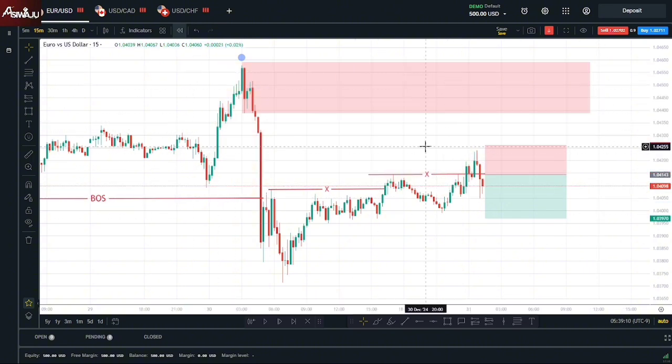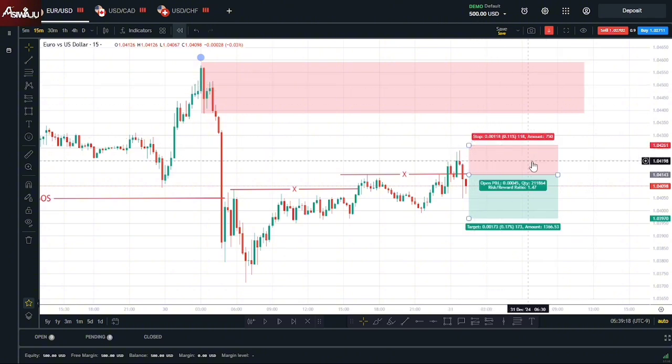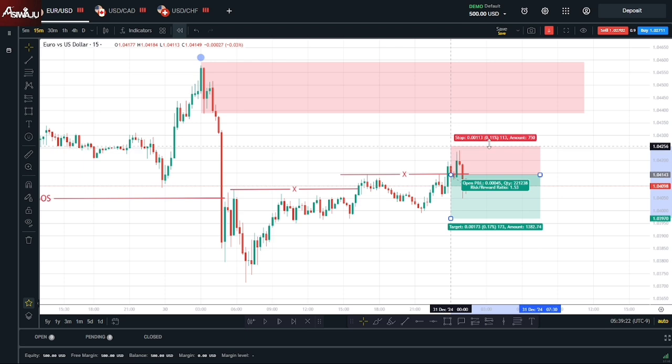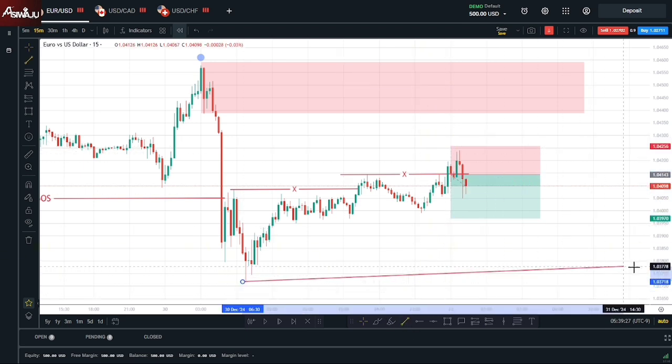Now we are making use of our entry strategy, or when price gets to our POI. But we already have a confirmation here, so this is the reason why I said to sell from this point, based on the momentum shift in the market. Now, where will be our target? This low will be our target.